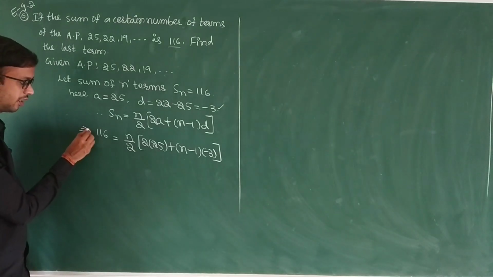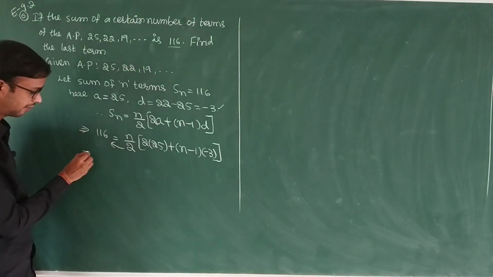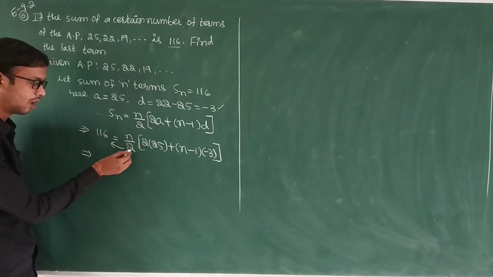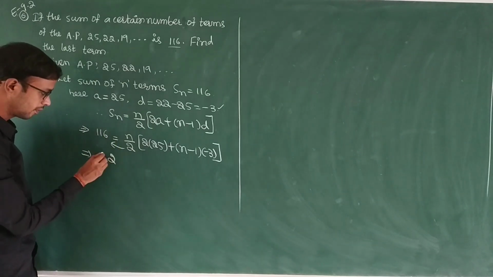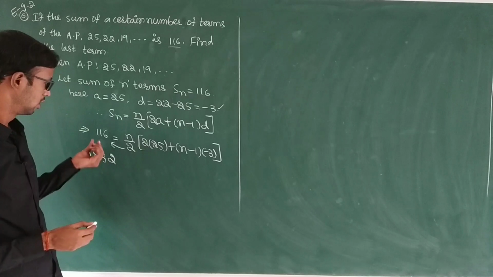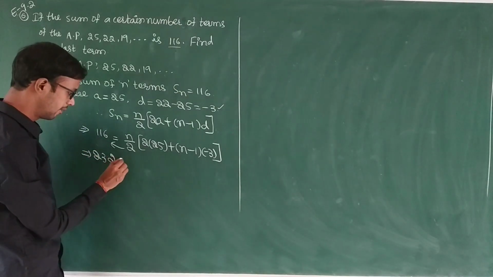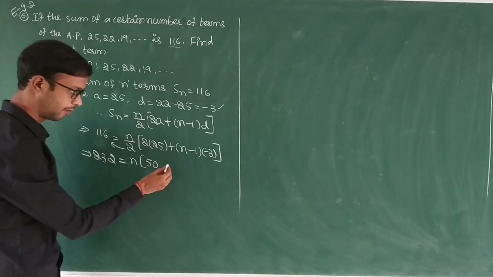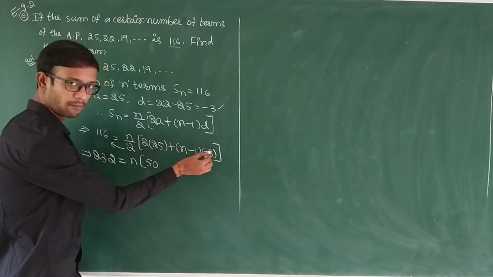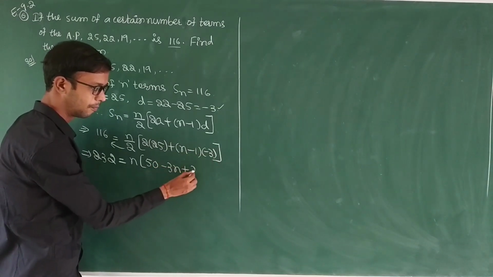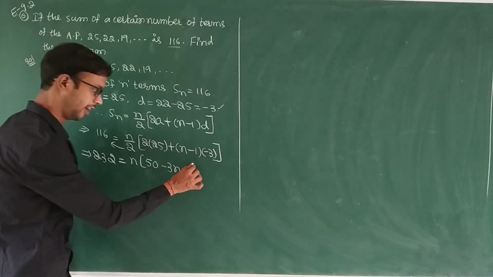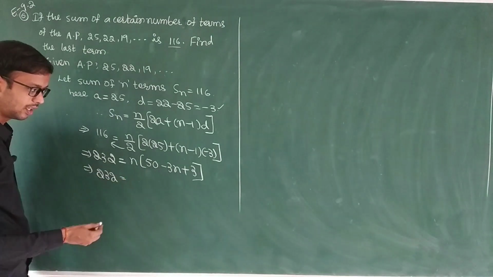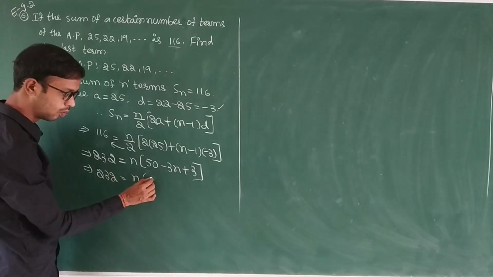Now make the simplification. The 2 on the left side is sent across and multiplied, so 232 is equal to n into 50.